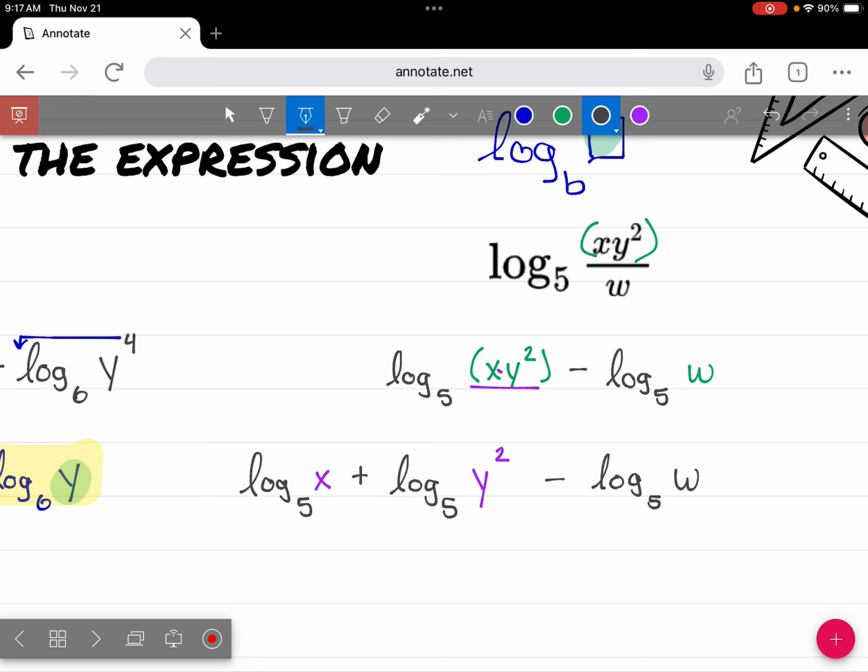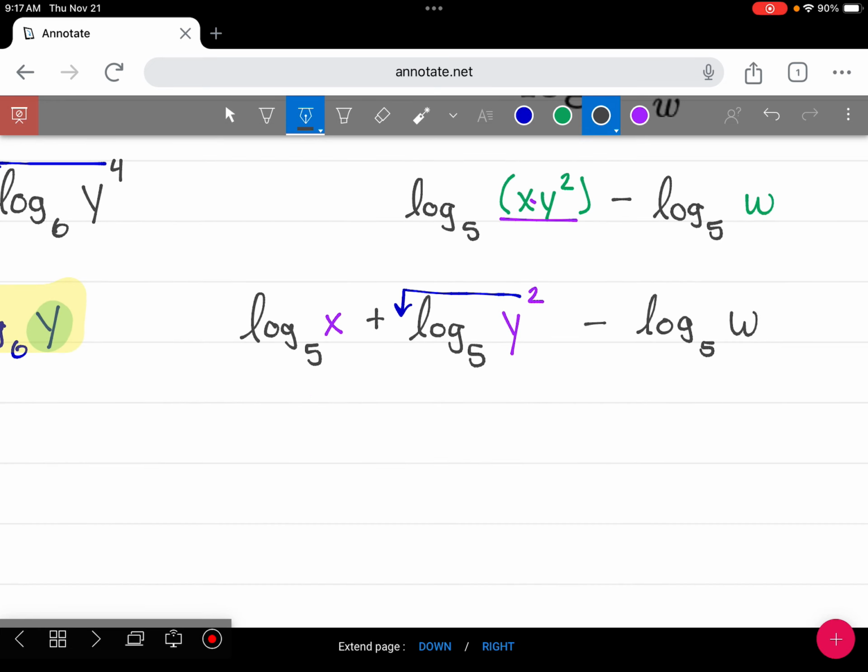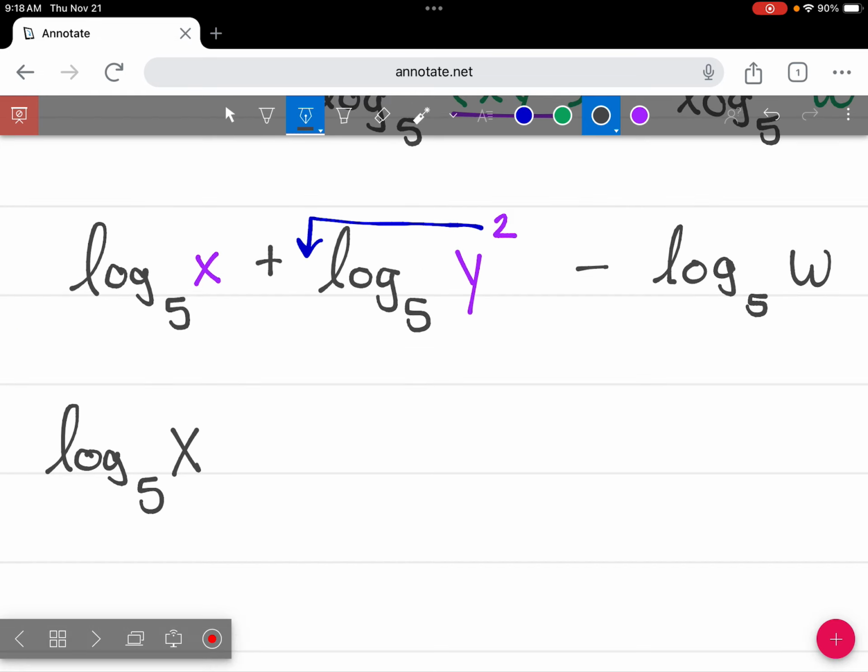I need to have just one thing after my logs. This piece has 2 things after the log. So we need to take this power down and have it be a coefficient. My powers come down and become multipliers. So our final, fully expanded logarithm is log base 5 of x plus 2 log base 5 of y minus log base 5 of w.